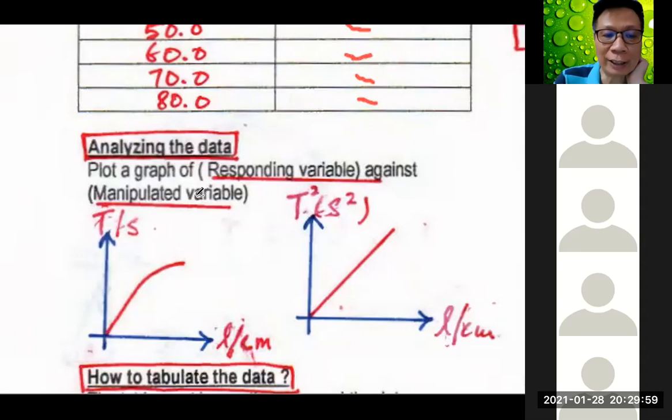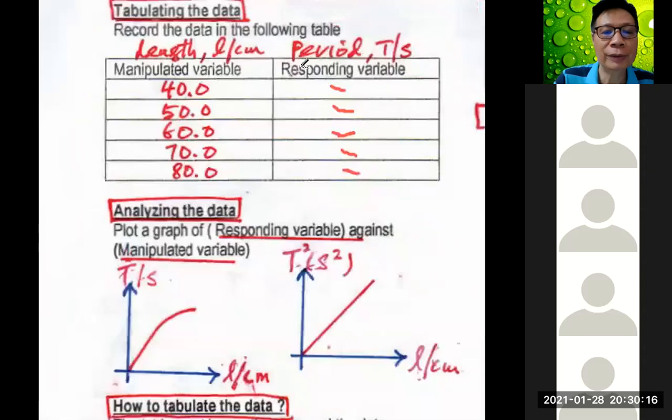The method of plotting a graph must be responding variable against the manipulated variable, meaning that on the y-axis here must be the responding variable. RV here is the period.